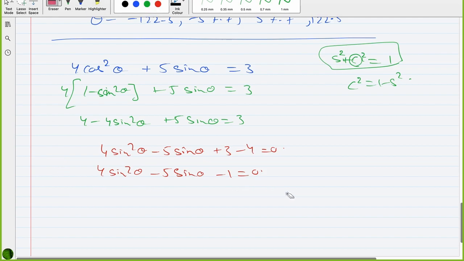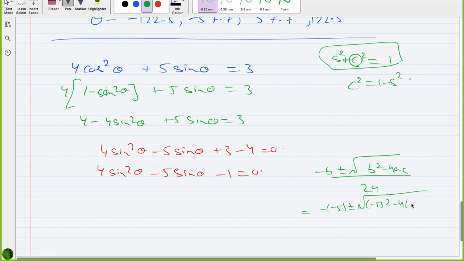I'm not getting perfect numbers. So that is minus b plus minus square root b square minus 4ac over 2a, where b is minus 5, plus minus square root of minus 5 squared minus 4, a is 4 and c is minus 1, over 2a.